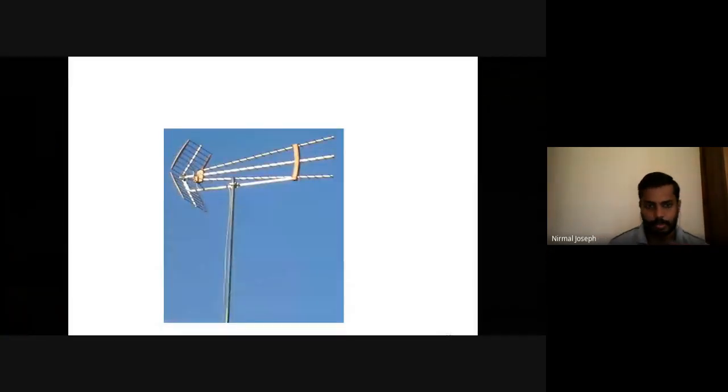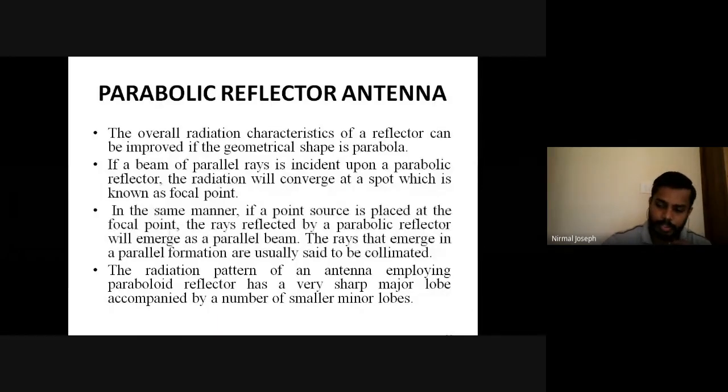So we'll move on to the next slide, parabolic reflector antennas. As the name suggests, here the reflector is of parabolic shape. That is the difference. We have seen the plane reflector and corner reflector. Now we are going to see parabolic reflector antennas, which are the most commonly used type of antennas.